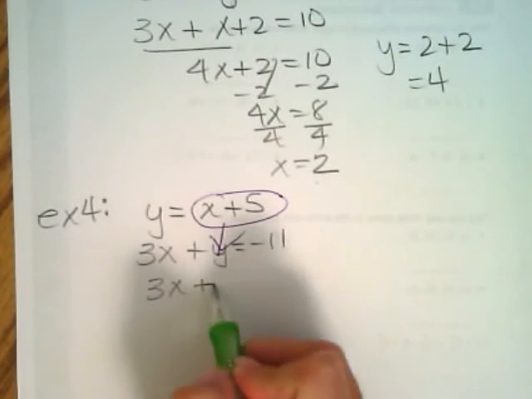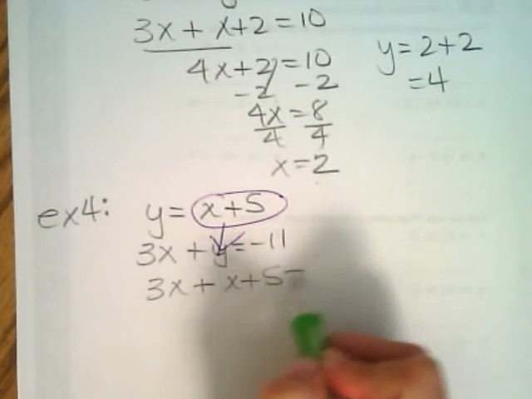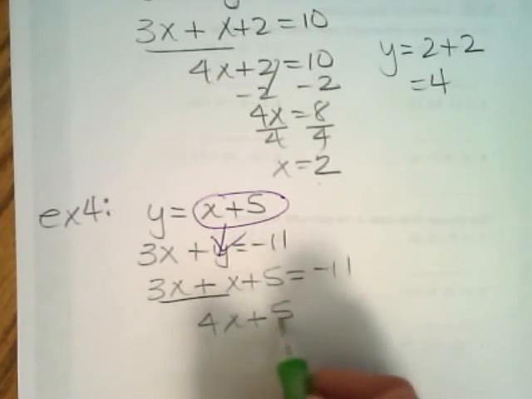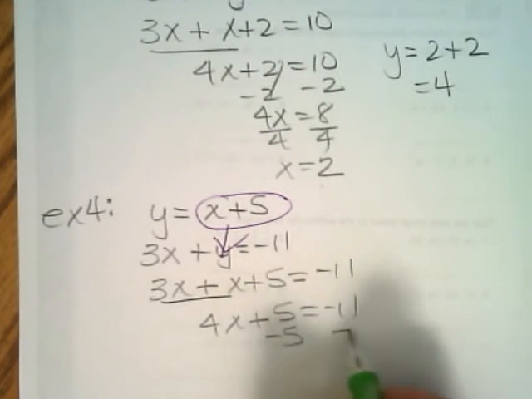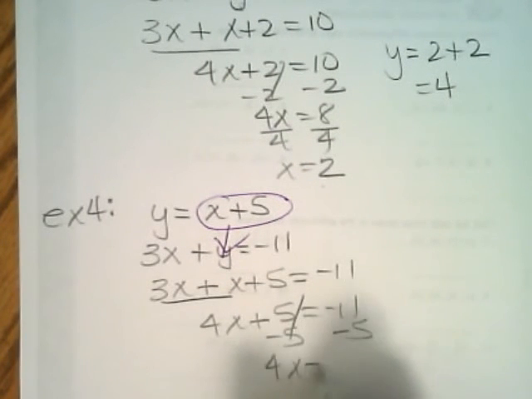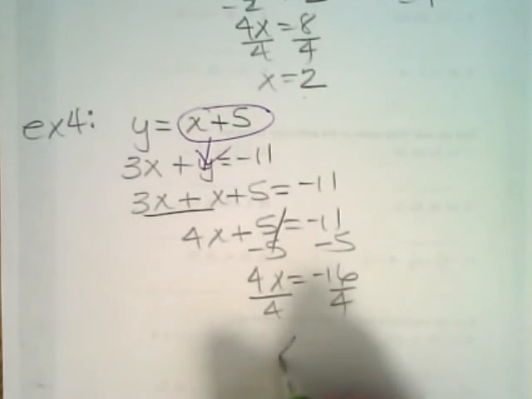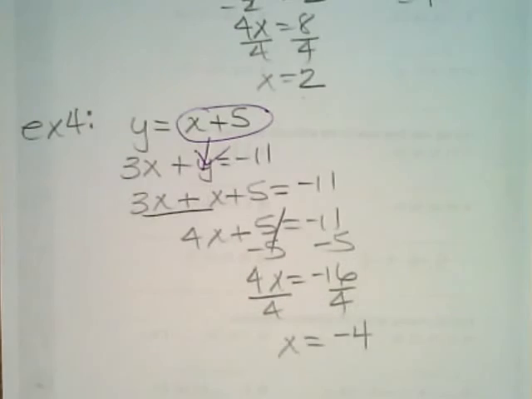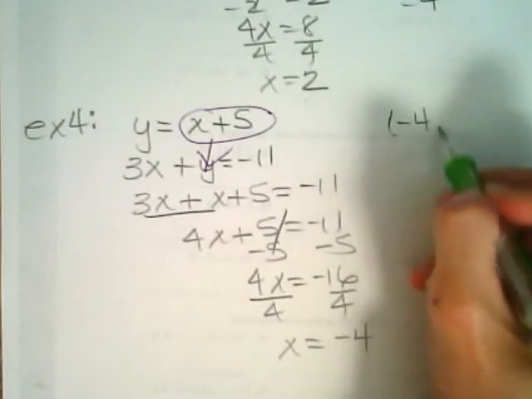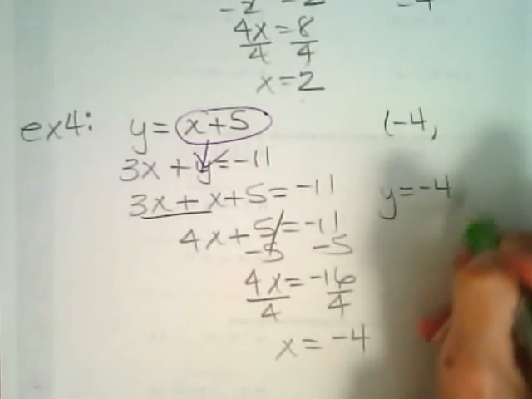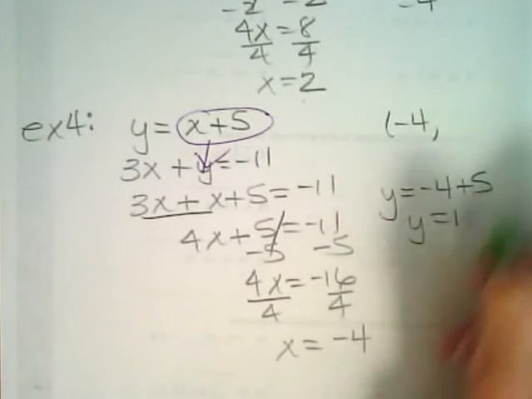And that gives me 3x plus x plus 5 is equal to negative 11. So that gives me 4x plus 5. Get rid of 5. So 4x is equal to negative 16. Divide by 4. So if x is negative 4, I plug in negative 4. Y is 1.